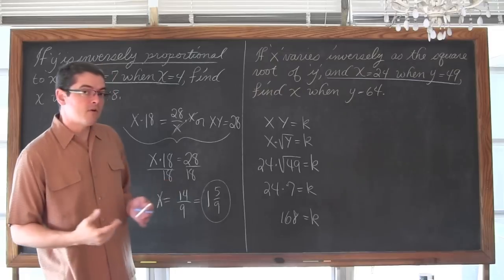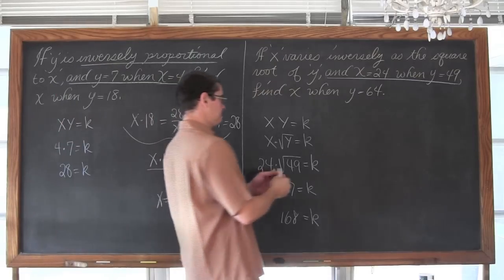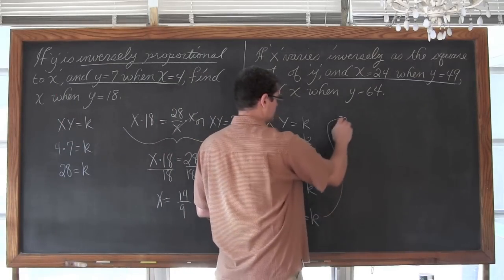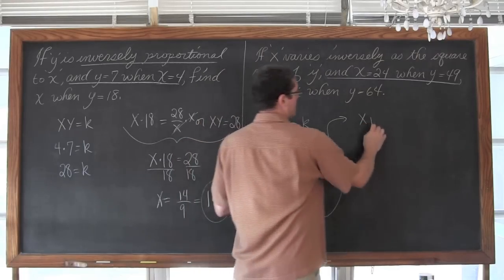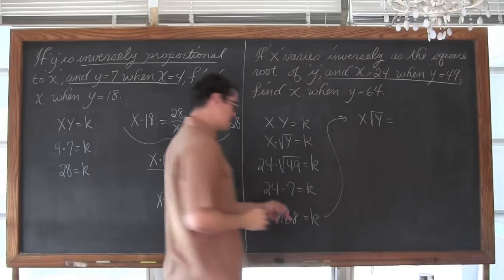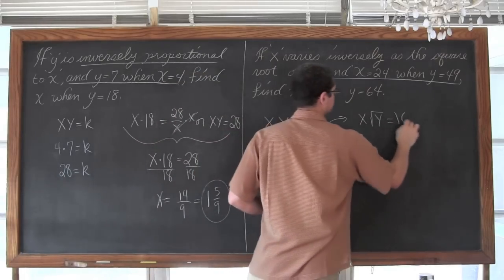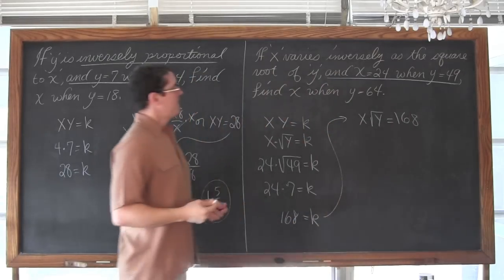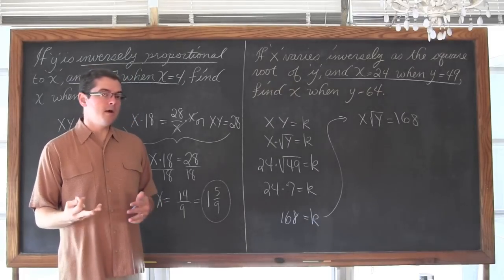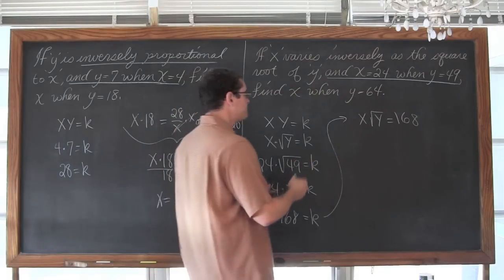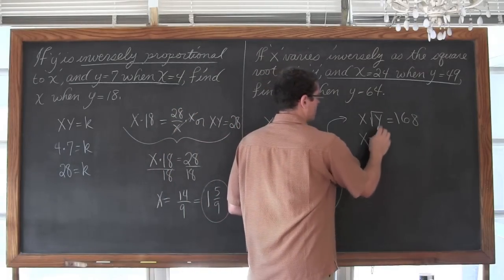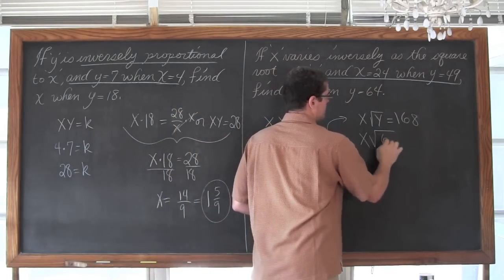So we have our equation of x times the square root of y is equal to 168. Find x again when y is equal to 64.